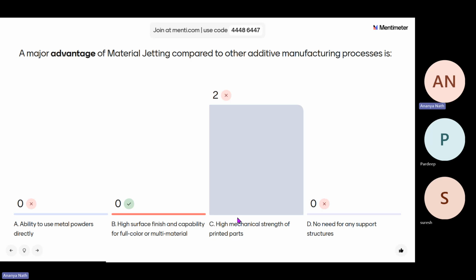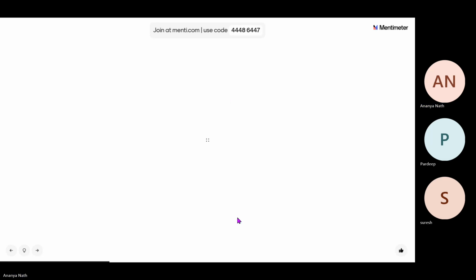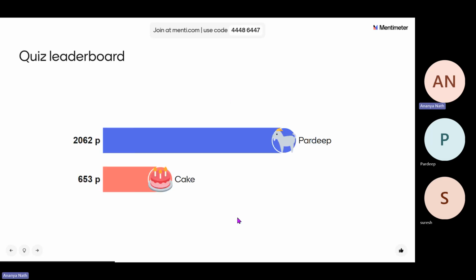Material jetting is where liquid droplets of polymers come out with a high resolution. So high surface finish, capable of full-colored or multi-material printing. Multi-material I showed in the PPT, where from two nozzles, two different polymers were coming. So different nozzles can carry different colored polymers. And I told at the beginning that material jetting can print the highest resolution parts actually. So highest surface finish and accuracy.